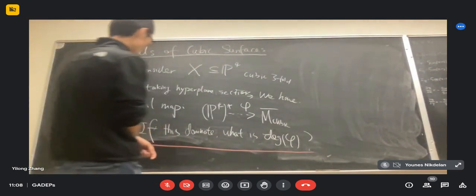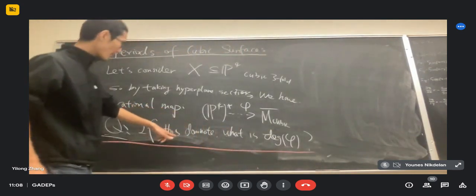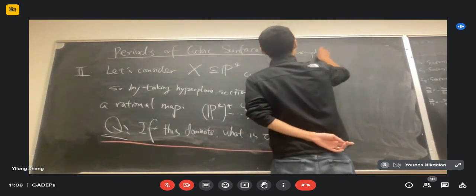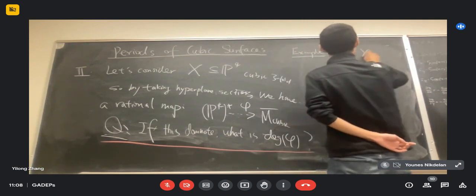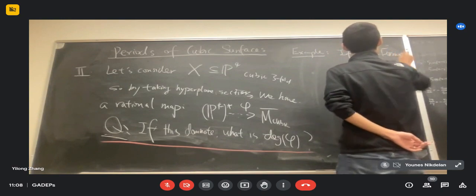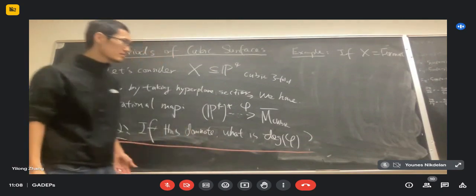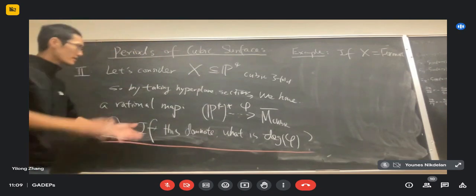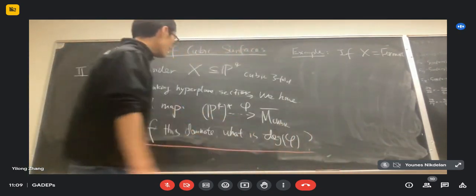Okay, so let X be the Fermat cubic threefold, which is probably the first cubic threefold coming to mind, because its hyperplane section is some cubic surface very close to Fermat, and very symmetric.